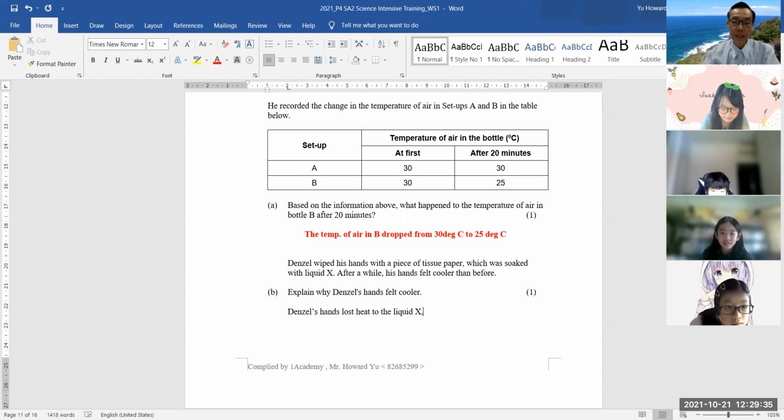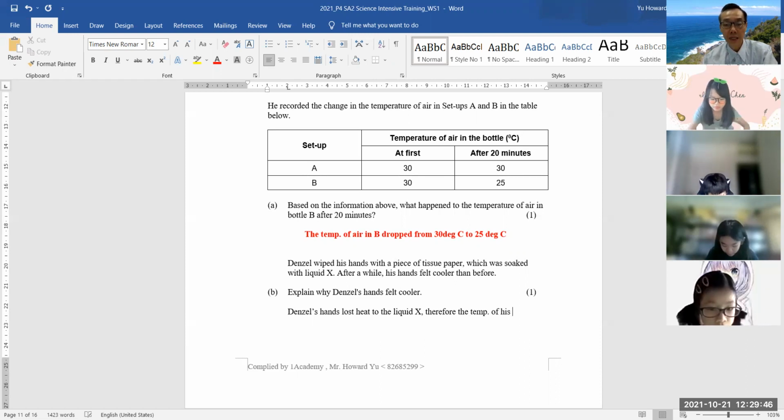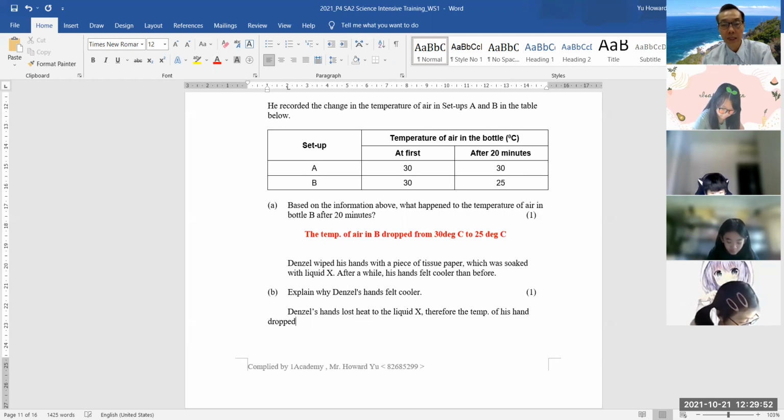Okay, then maybe you say therefore the temperature of his hands drops, causing his hands to feel cooler.